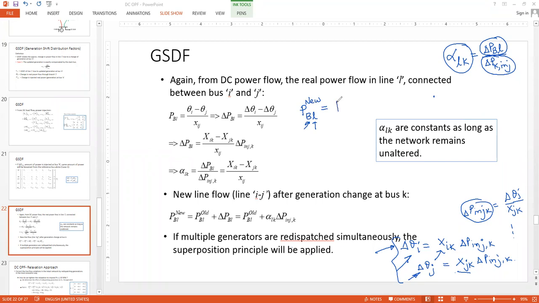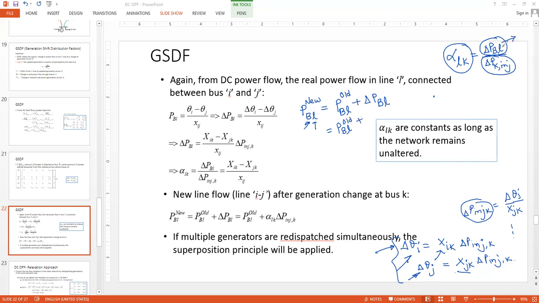It should be related to the branch flow for the same line, the old value, plus the change happening due to the rescheduling of the generators, del PBL. So PBL new equals PBL old plus del PBL.